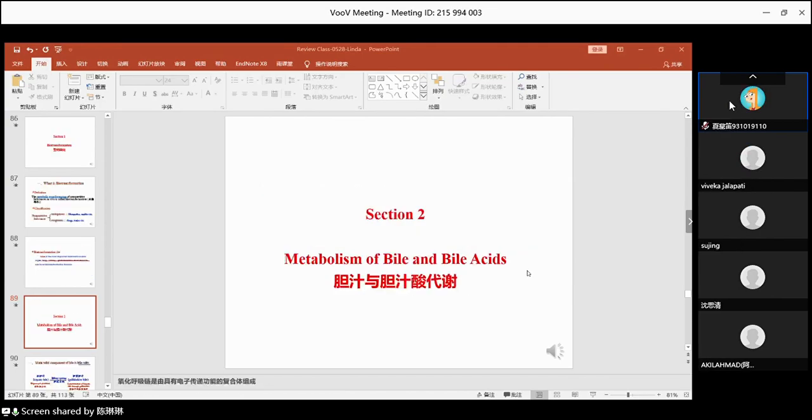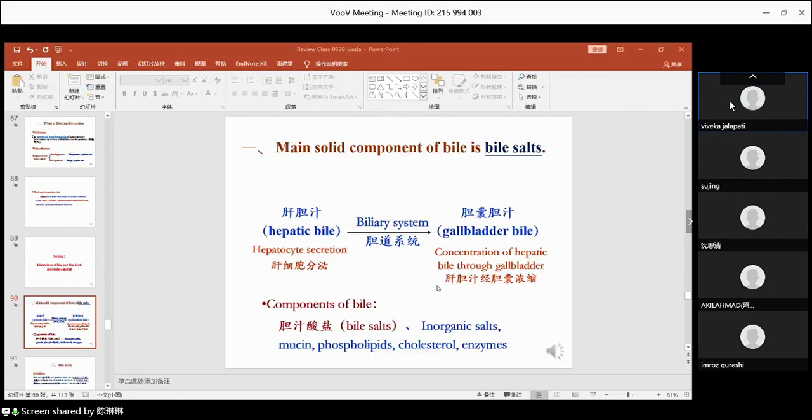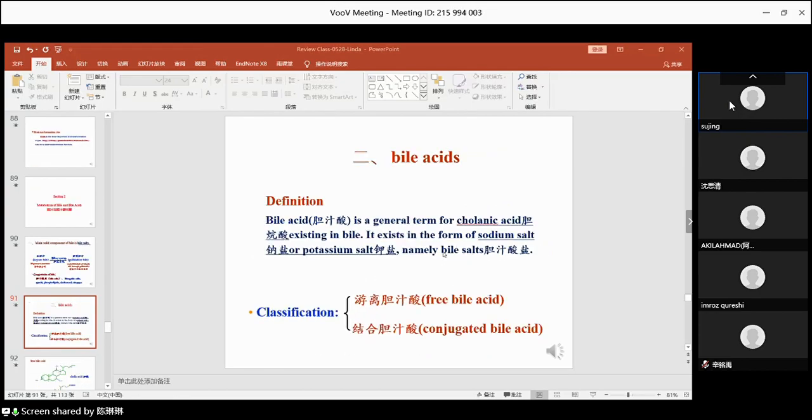And next, you should remember the 2 kinds of bile, and the bile acids. For the bile acids, you should remember the classification, and also each example for each bile acid.